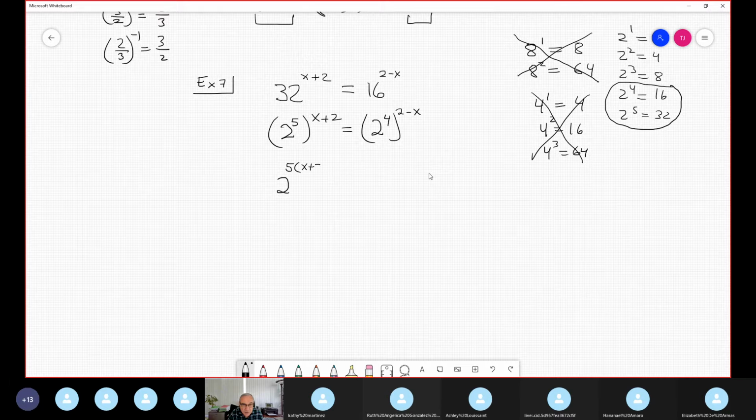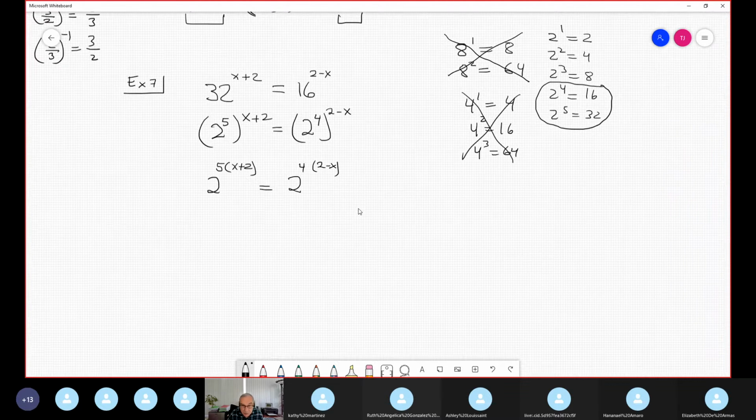Don't forget the parentheses. It's important, this parenthesis. 2 for 2 minus x. Okay, now this is a super important moment. You have two exponential functions with the same base. I create this intentionally. Now the exponent is the same. So you copy down 5 times x plus 2 equal 4 times 2 minus x.